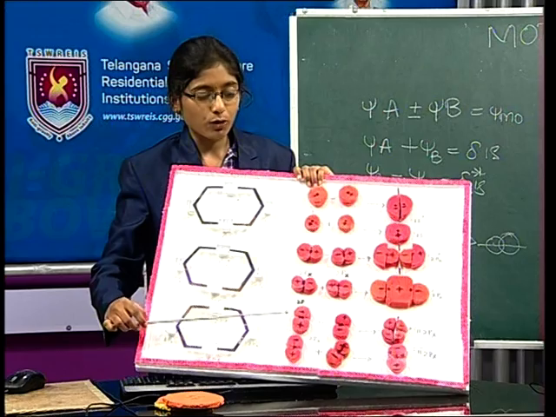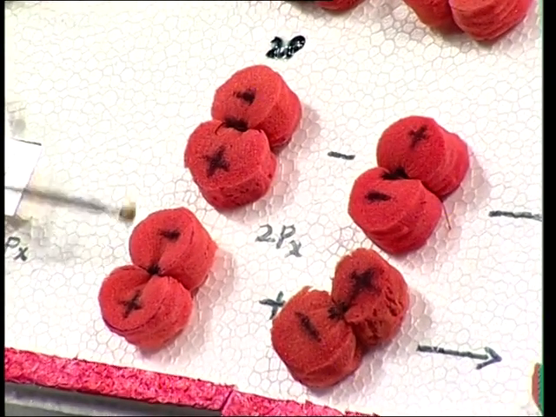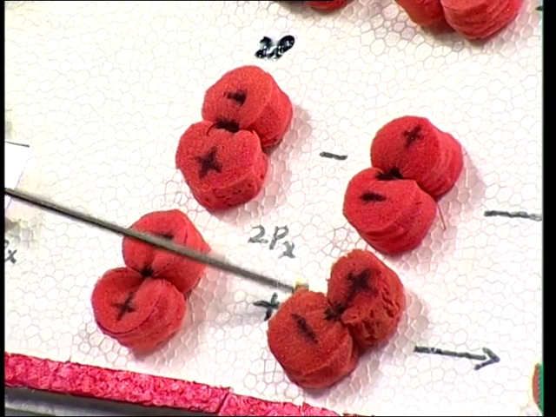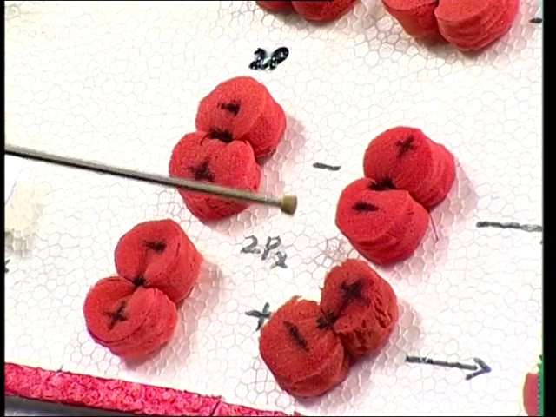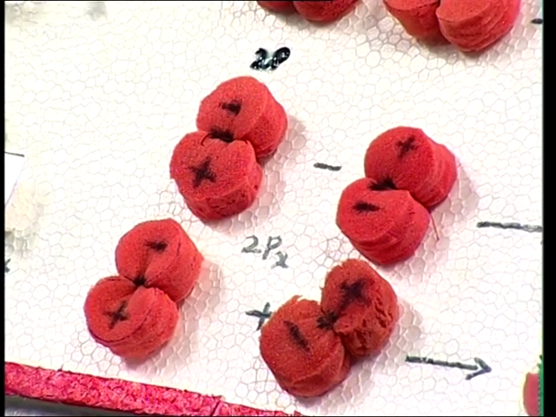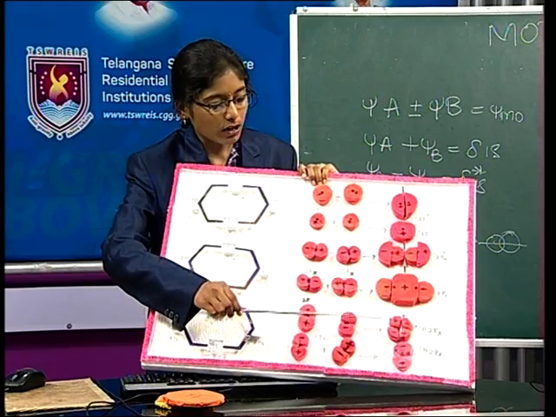Here the 2px orbital is taken as an example for a pi molecular orbital. Two 2px orbitals undergo side by side overlapping and result in the formation of a pi molecular orbital. A pi molecular orbital is of two types, pi anti-bonding and pi bonding.